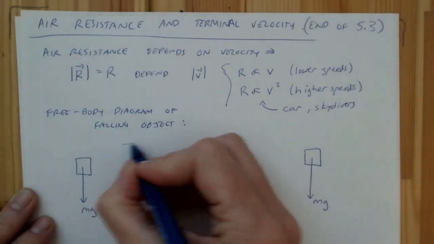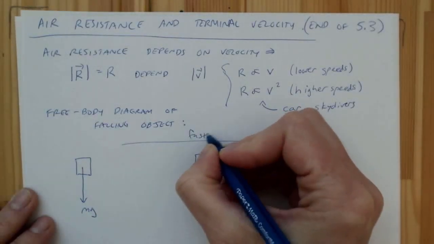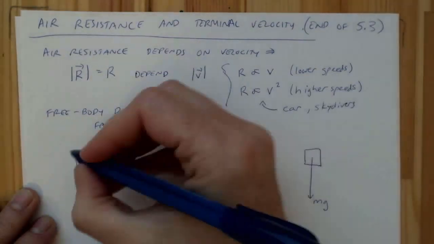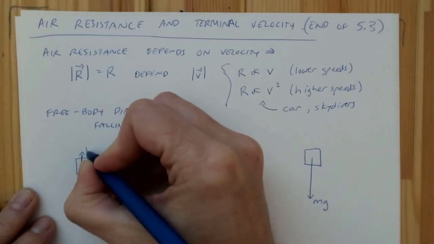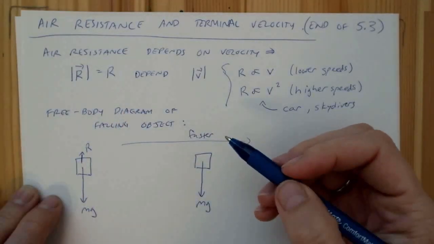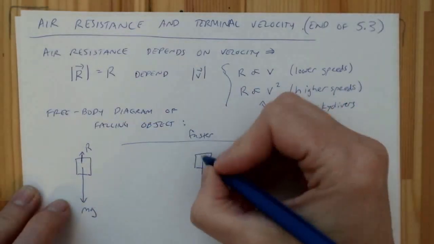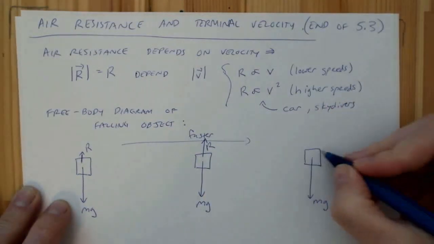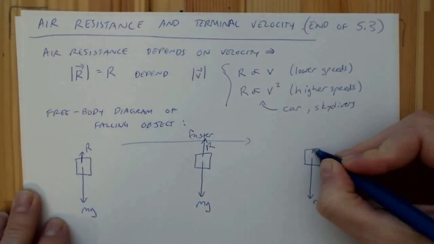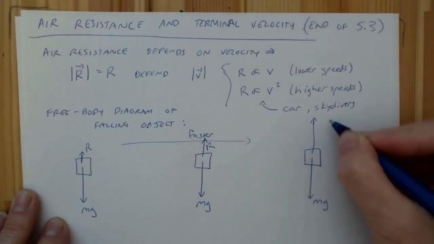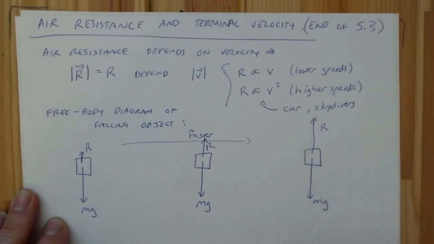However, as it's falling, it's getting faster and faster. Let's say it starts off fairly slow, so it would have some relatively small force of air resistance acting. As it falls faster, that force gets larger, and then as it falls even faster, that force gets even larger, until at some point the force R equals the force of the weight.